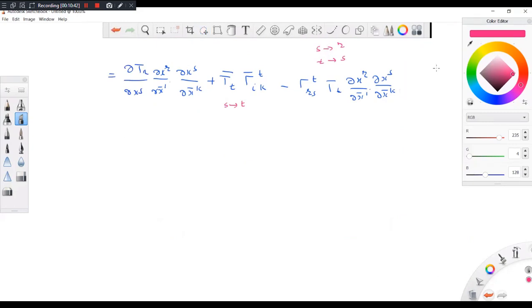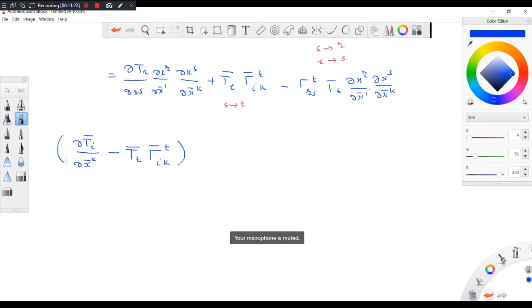Now you look at the left hand side and the right hand side. Okay, the terms with the bar I may take to one side. So on the left side, it is del t bar i by del x bar k, that is on the left side in the x bar coordinate system. So this is also in the x bar coordinate system, so I take it to the left side: t bar t gamma bar^t_ik.